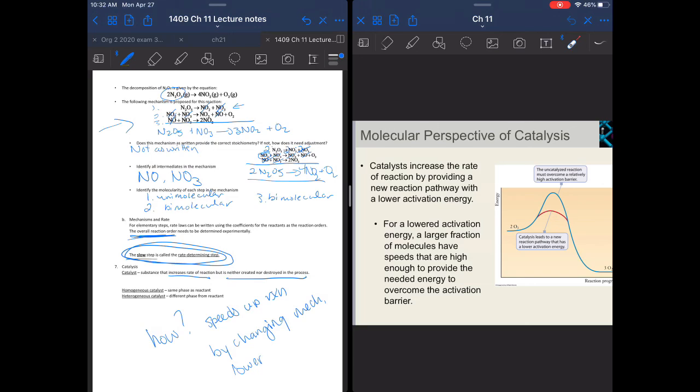So by changing those steps, they help lower activation energy. So you have a different transition state in the catalyzed reaction, and it's lower in energy, so more molecules can get over the hump. More collisions will result in a reaction, thus the rate will increase.